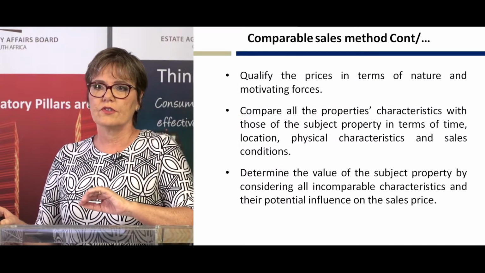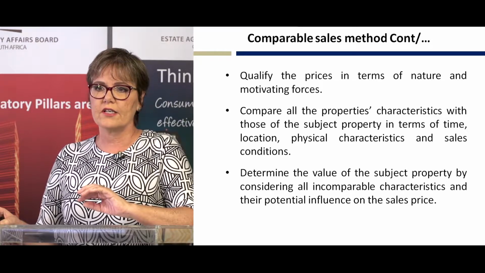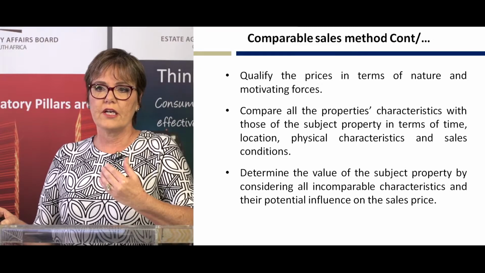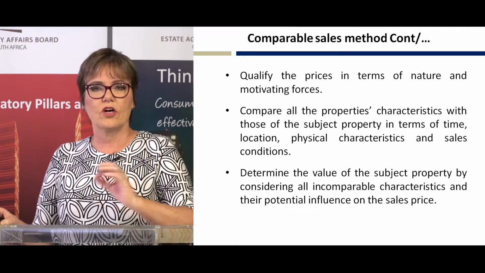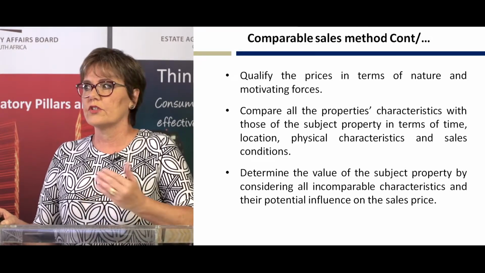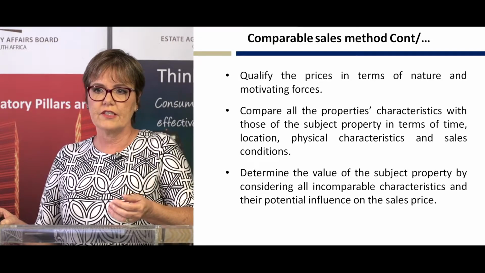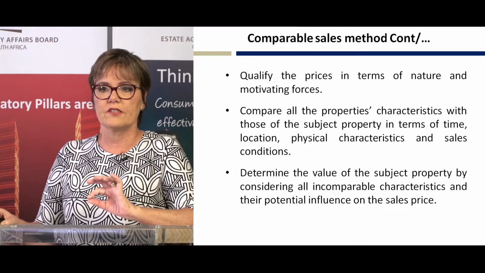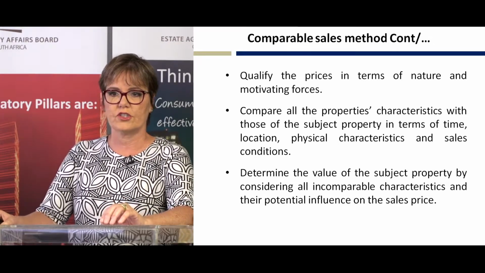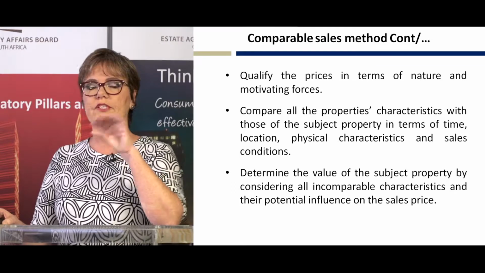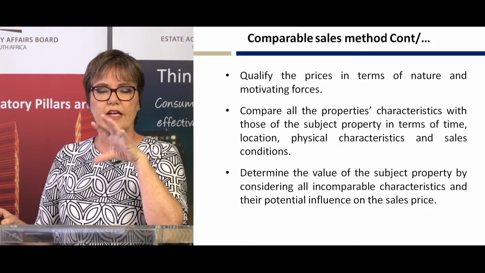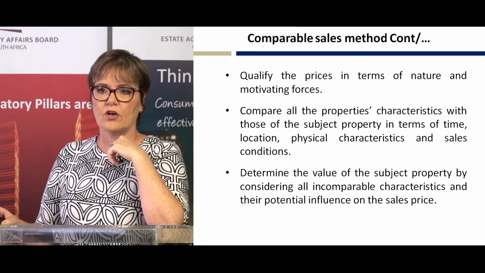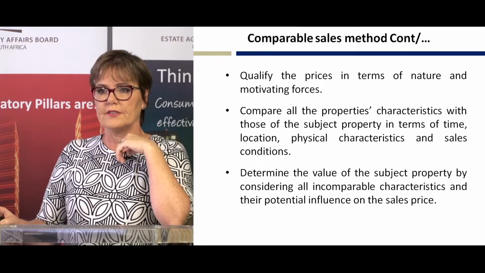Okay, again, qualify those prices in terms of nature and the motivating forces. Compare all the different characteristics of your subject property with those properties that sold recently. Here we can specifically think in terms of time, location, physical characteristics, and sales conditions. And then also, obviously, you have to adjust that value based on the incomparable parts of that sales price.